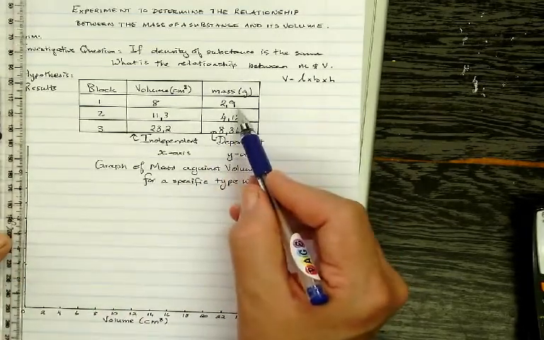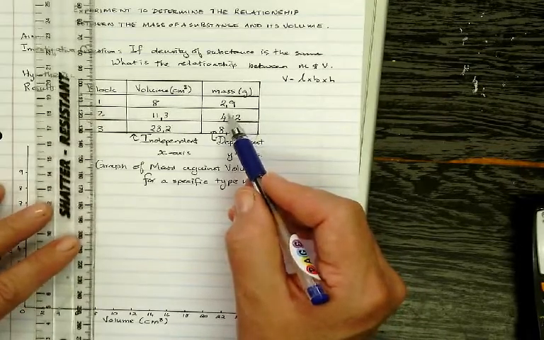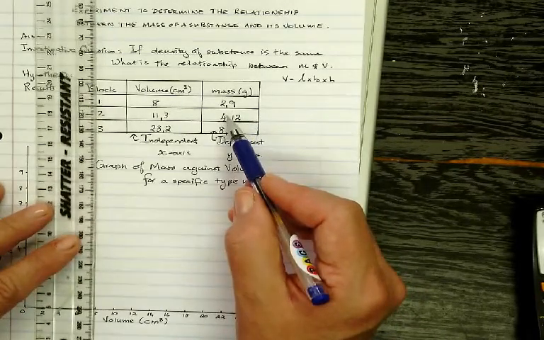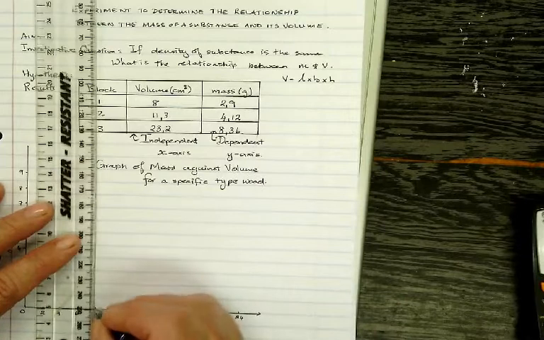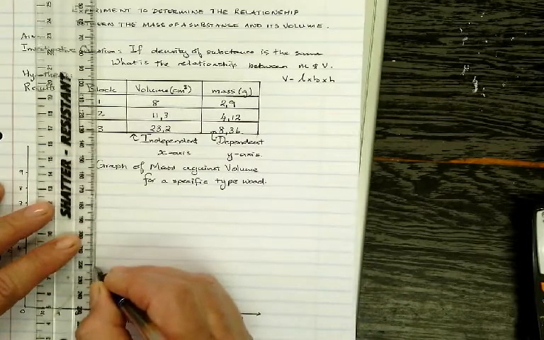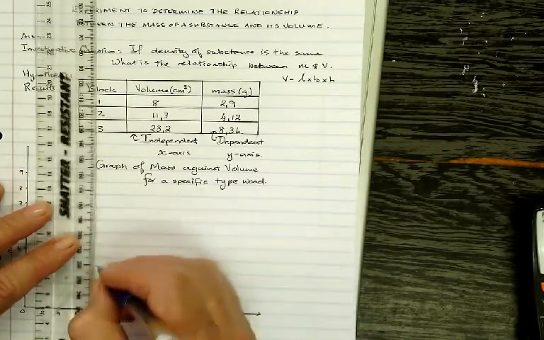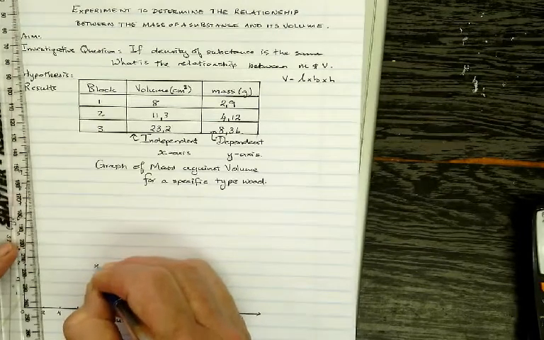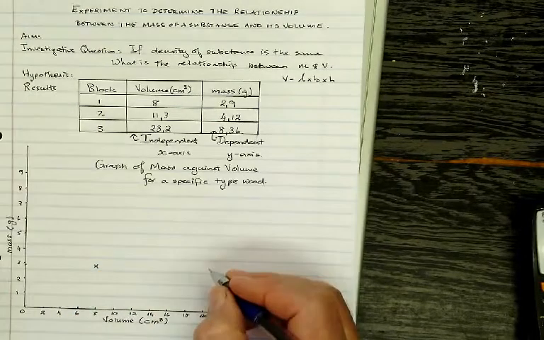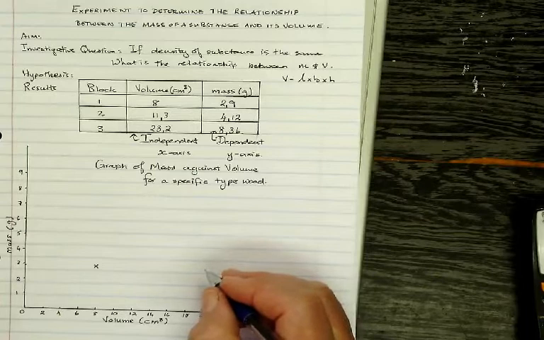So from 8 on the volume axis, we can go 2.9 centimeters on the y-axis, and that would be our first point plotted.